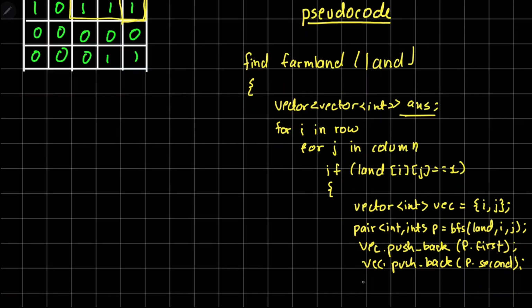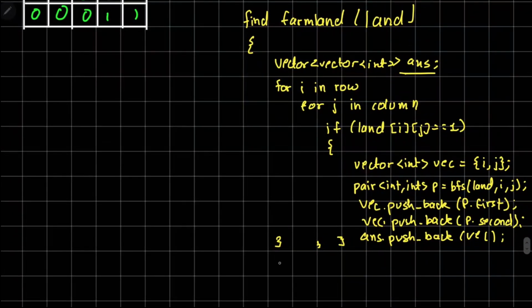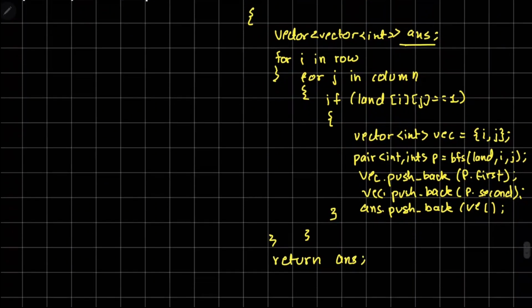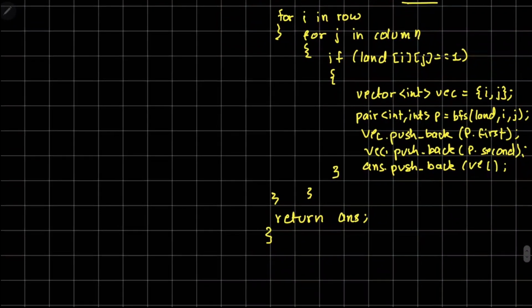So answer dot push_back vec, and now we'll continue the iterations for the next group, and finally we will have to return the answer here. So let me make these brackets. So we will return our answer. So that's our farmland function.